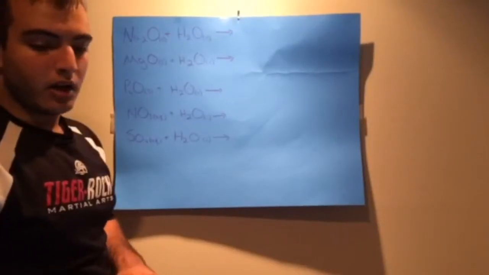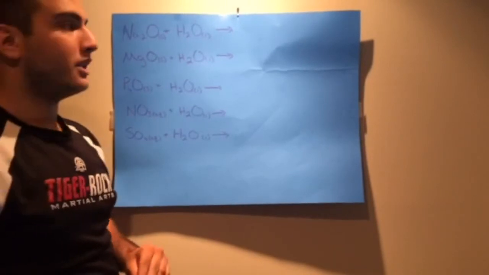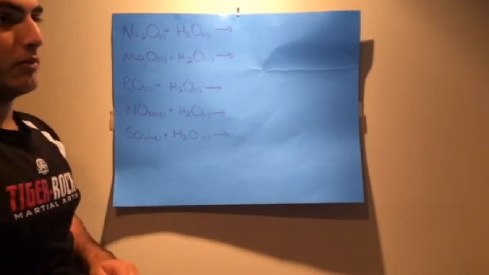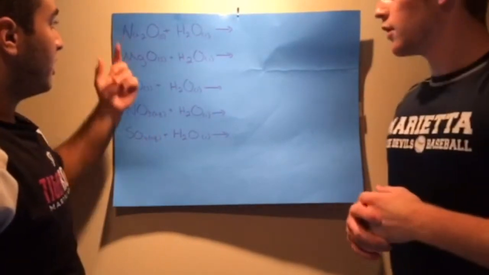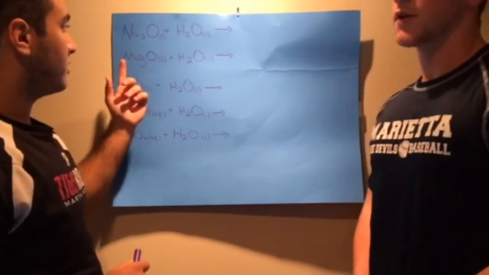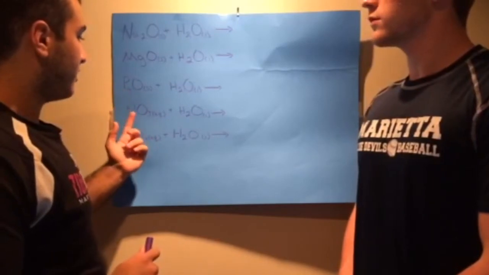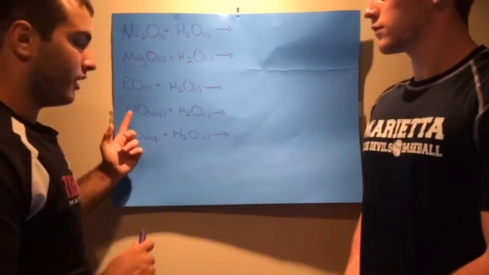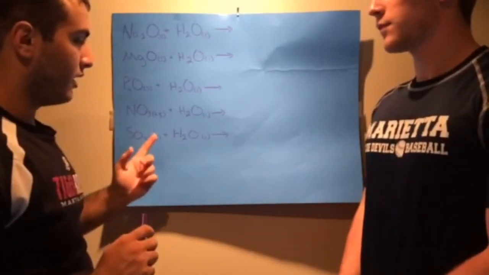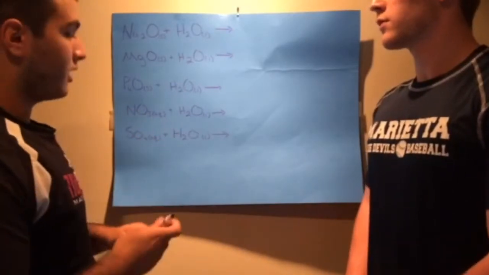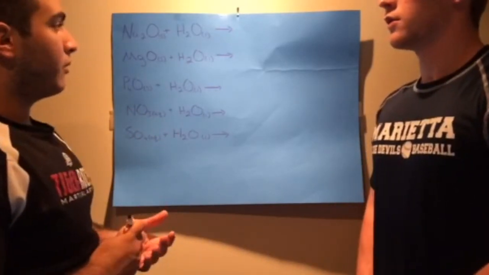Go. All right. Now we're going to be talking about the pH changes when compounds such as sodium oxide, magnesium oxide, phosphate, nitrate or sulfate react with water. First, we'll be talking about sodium oxide reacting with water.